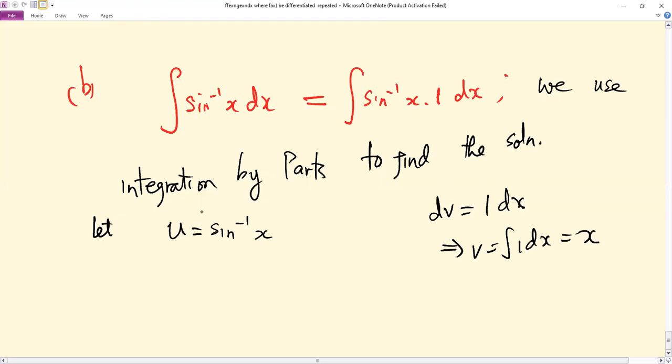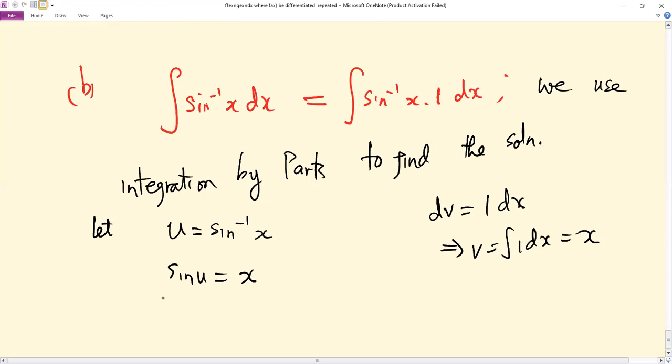And then for du, let's change this one. u equals sine inverse of x, the same as saying sine u equals x. And then apply d dx on both sides.